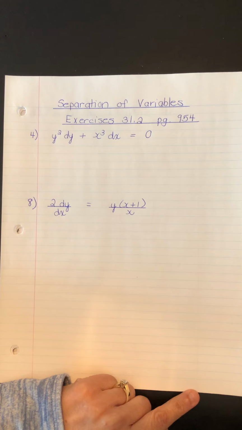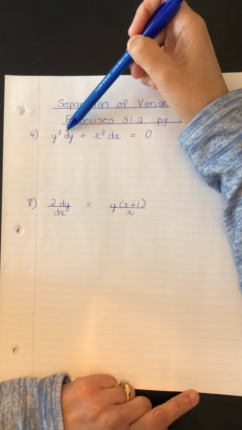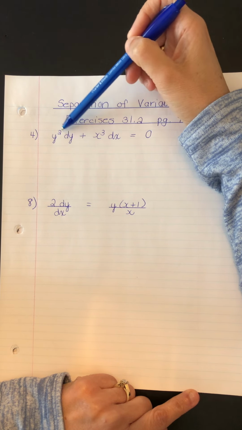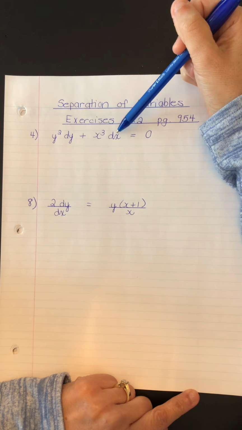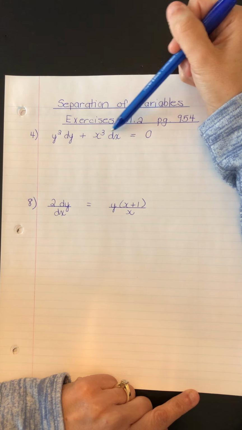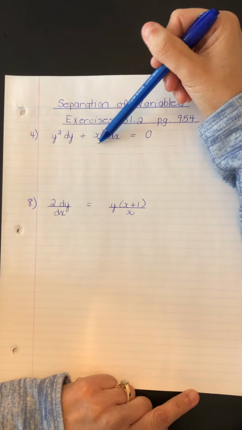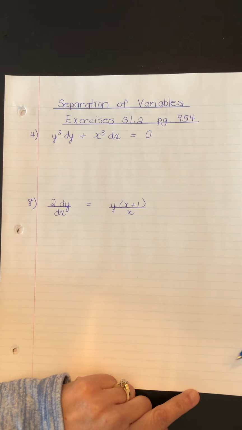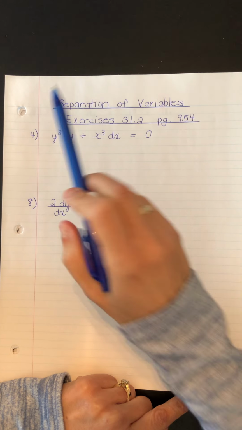Now, the interesting thing is we already have proper separation of variables here. Beside the differential dy, we have a function of y, and immediately stuck to the differential dx, we have a function of x. So we can begin by integrating each of these terms.